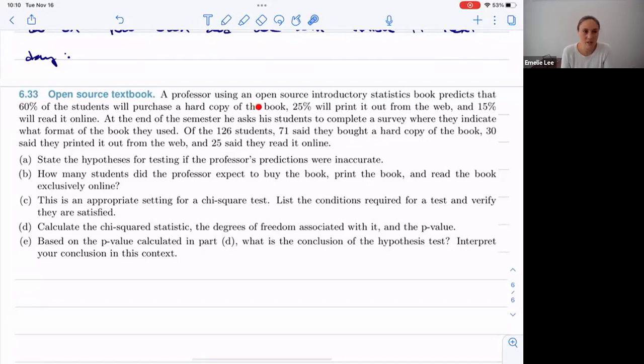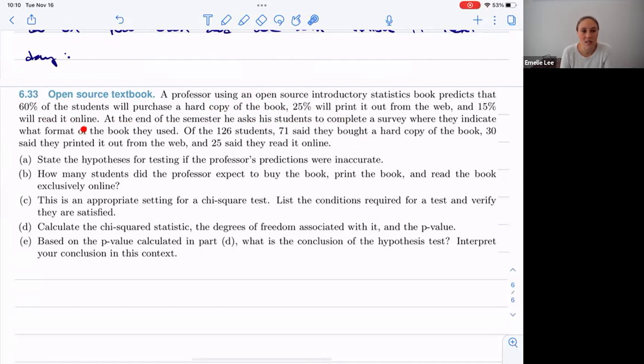So a professor using an open source introductory statistics book predicts that 60% of the students will purchase a hard copy of the book, 25% will print it out from the web, and 15% will read it online.